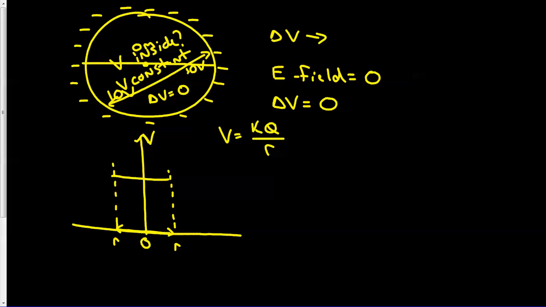Once again, because the electric field is 0. But then beyond the surface, it's going to fade in an inverse fashion, since V is proportional to 1 over r. And it's going to do the same thing on the other side. Okay, so we have a nice inverse relationship there.